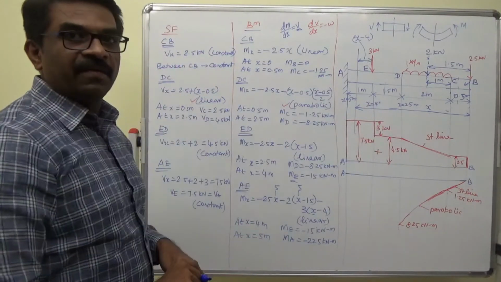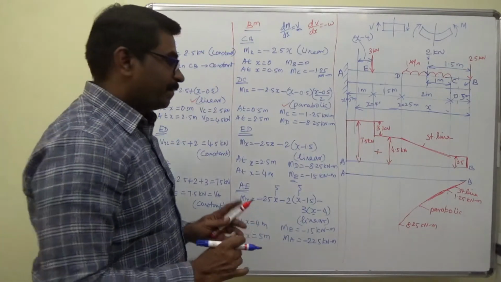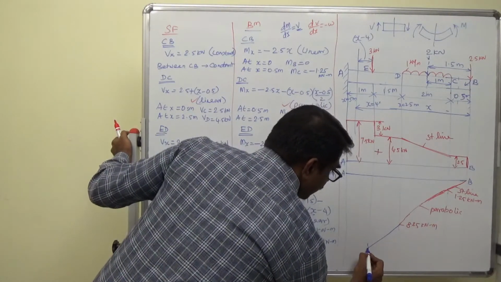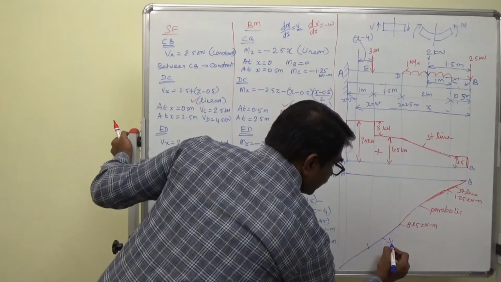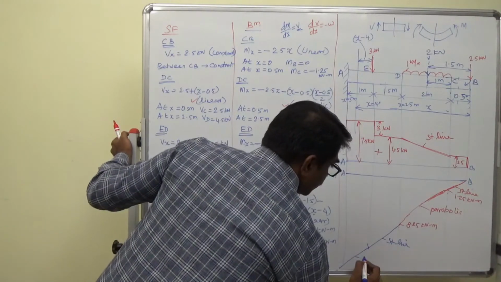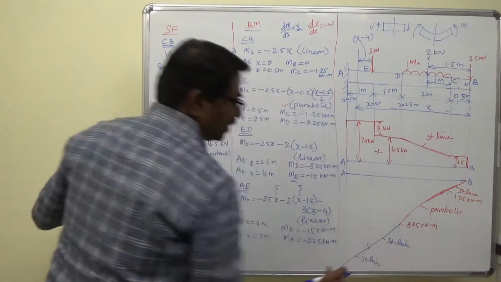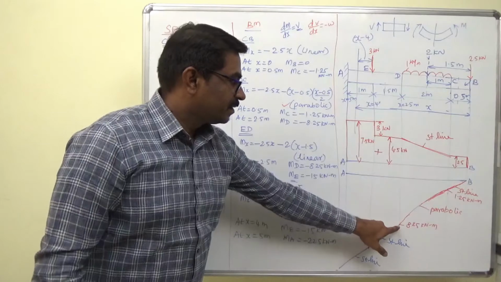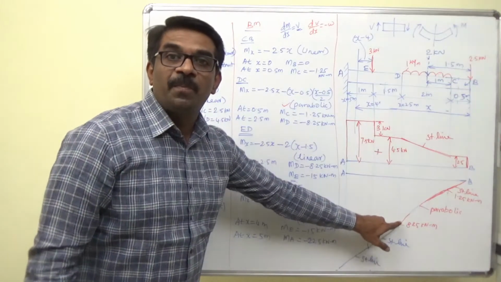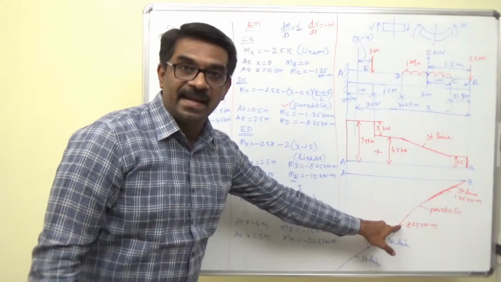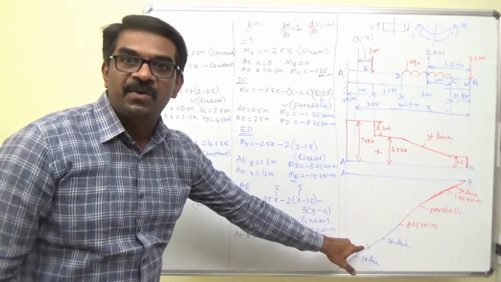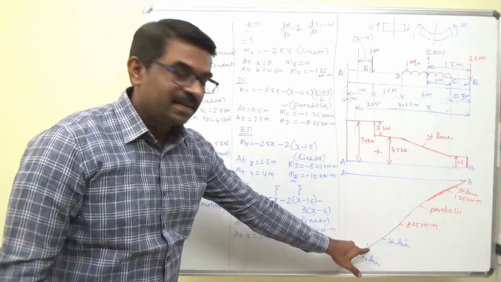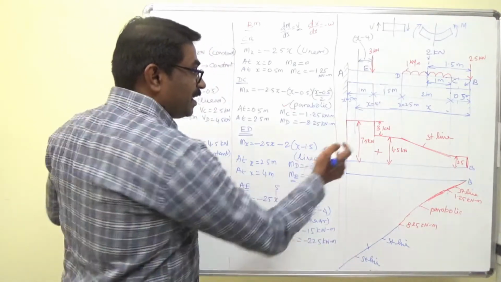After that you have linear variation, one linear, another linear, straight line. But the important point here is, in this junction there will not be a slope change. Whatever slope it ends with, the same slope we have to continue. This is the bending moment diagram, that is a straight line, and here you have a step in the shear force.